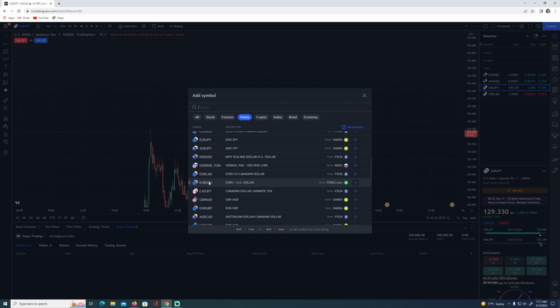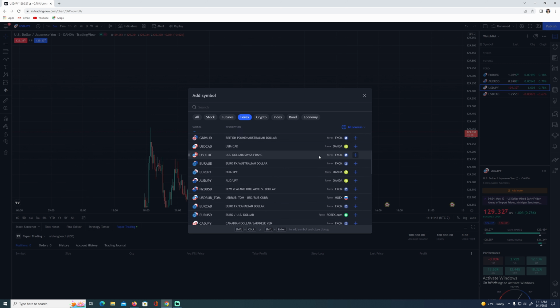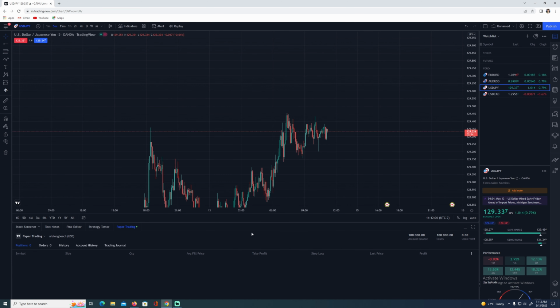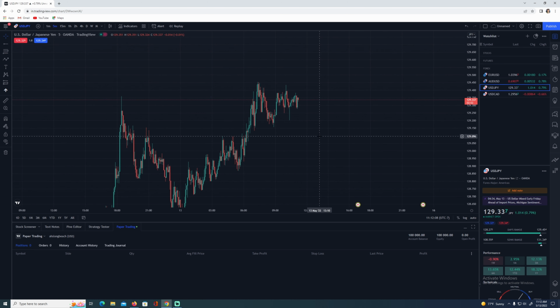So if I'm trading the Euro USD, when I look for the pair Euro USD, it needs to be from Forex.com. If my broker is Oanda, when I'm trading the Euro USD, I have to look for Euro USD and then click on the Oanda Euro USD. Otherwise, the feed has to match whatever your broker is. Right now for paper trading, it doesn't matter, but when you have your real account, that's something that you have to look for.